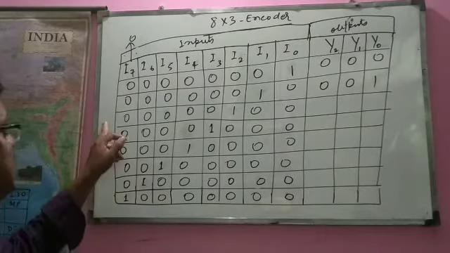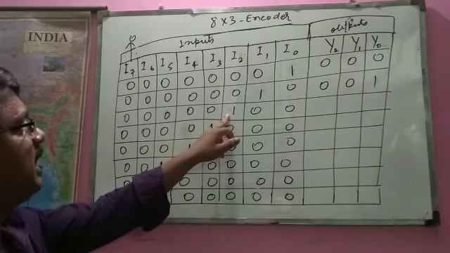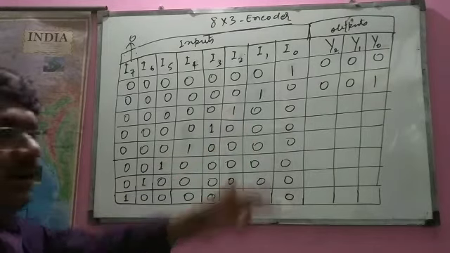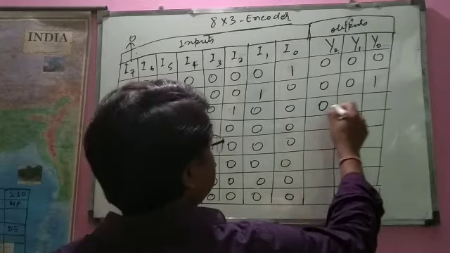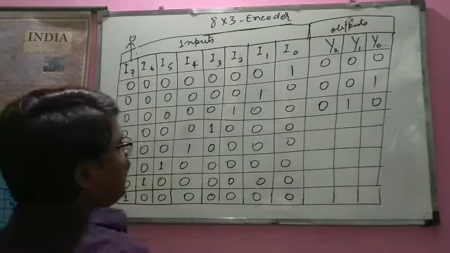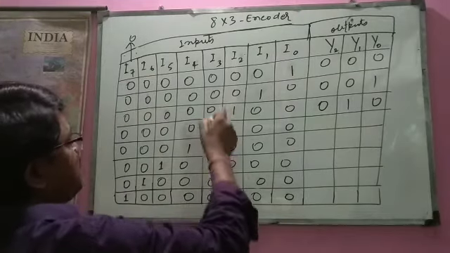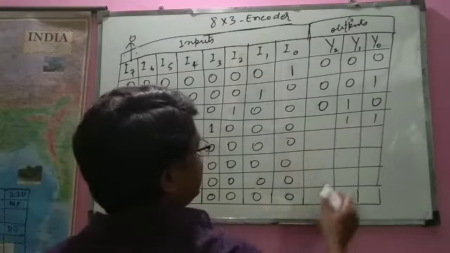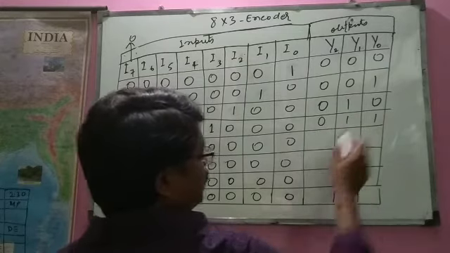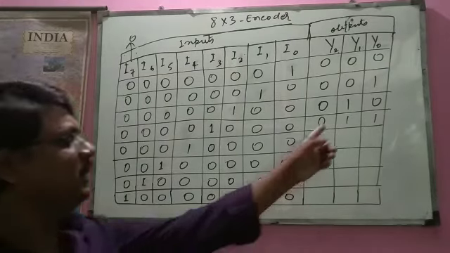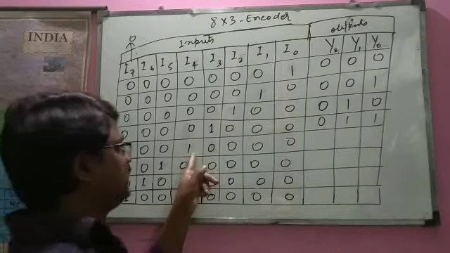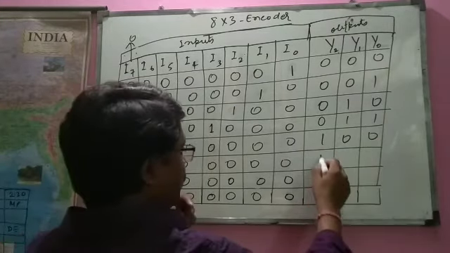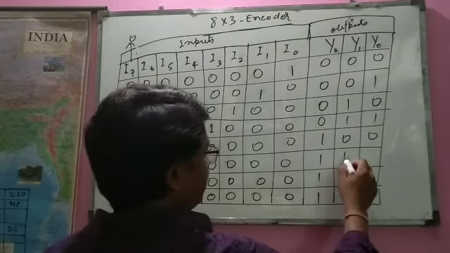If I2 is high, octal 2 is to be converted into binary. You all know it will be 0, 1, 0. If I3 is high, what will happen? 3 is to be converted into binary, so this is the binary equivalent of 3, here it is the binary equivalent of 4, and this is the binary equivalent of 5.